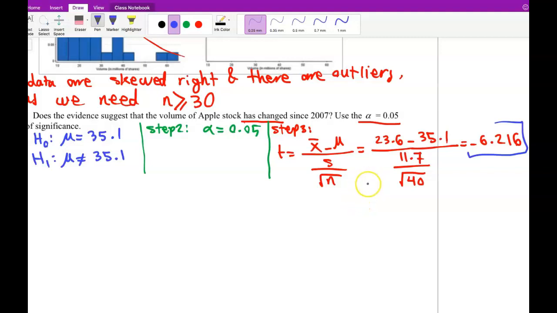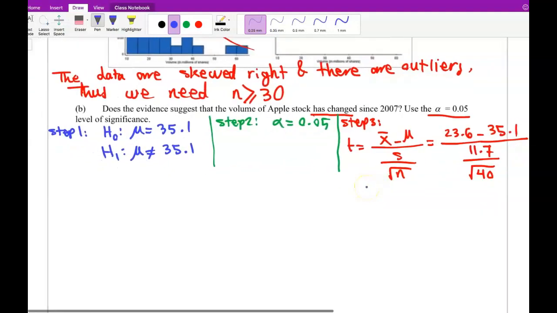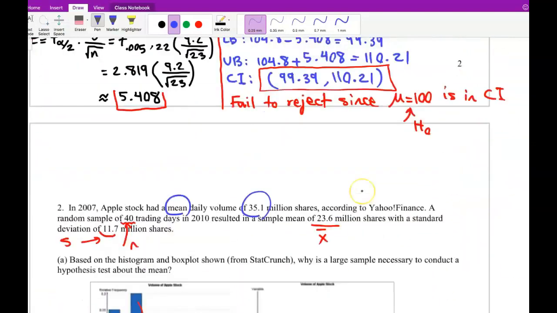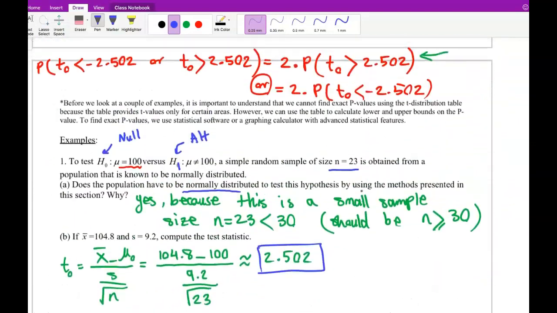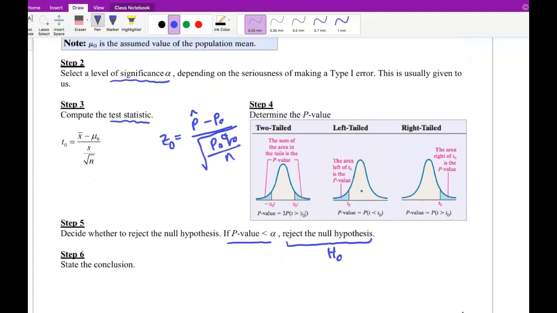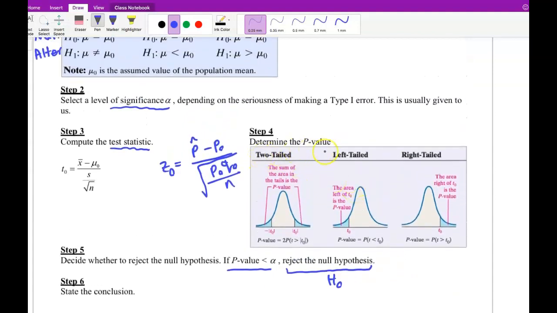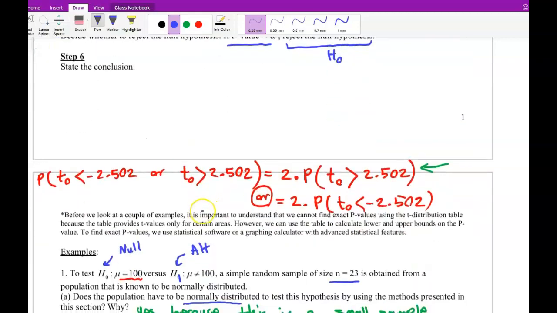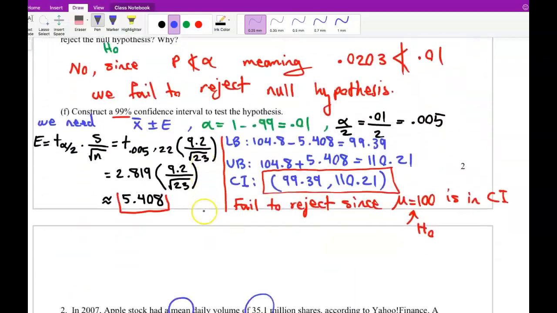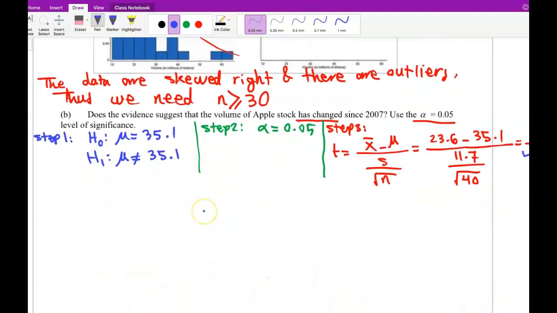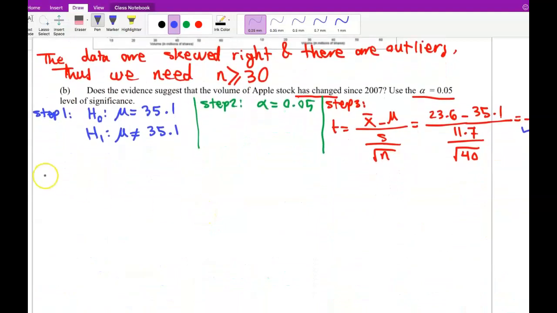Then step 4, drawing this. I'm following all these steps. Here we have exactly the previous part. We should draw this to find the p-value. Then step 5, comparing it with alpha.